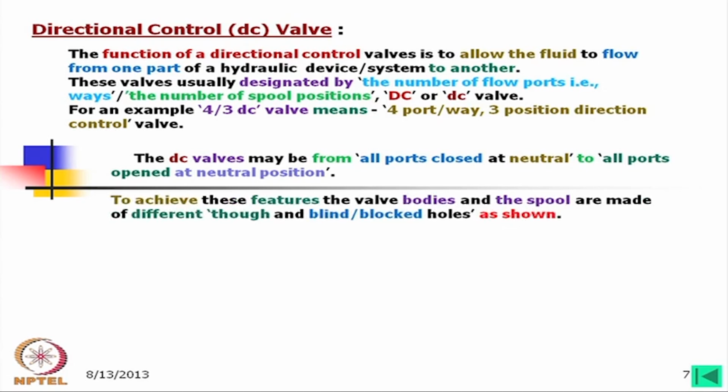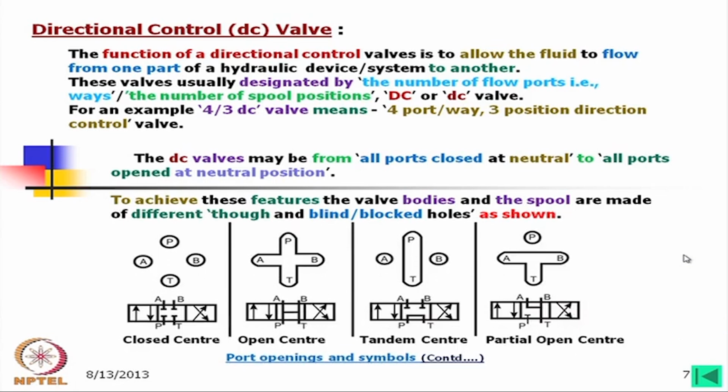Some valves, of course, have no neutral position; it is simply either one direction or the opposite direction. But in most valves you will find there is a neutral position. To achieve these features, the valve bodies and the spool are made with different through and blind or blocked holes, as shown below.